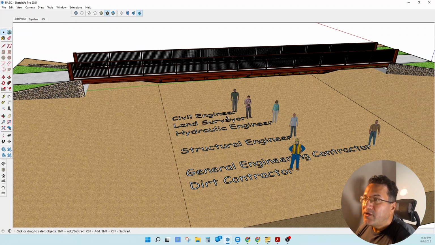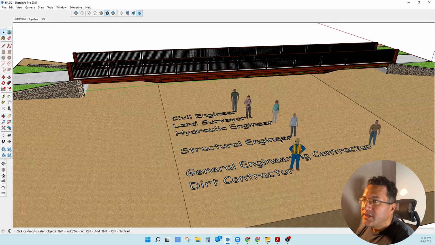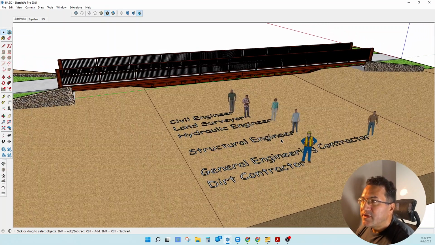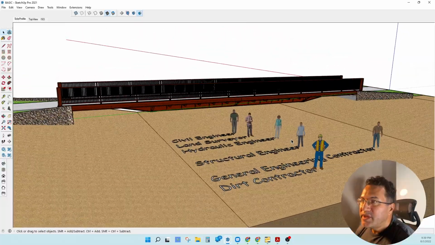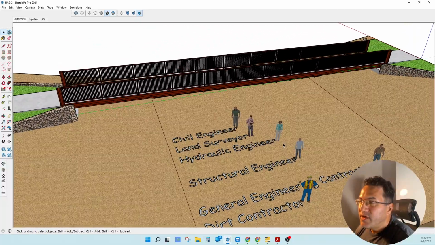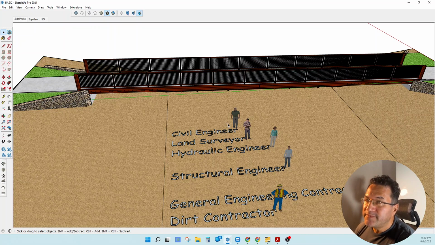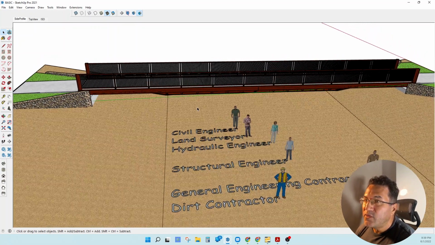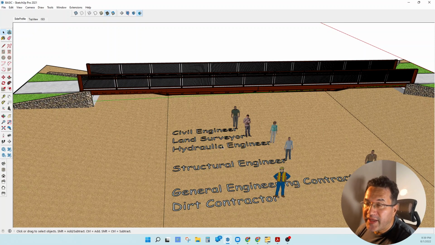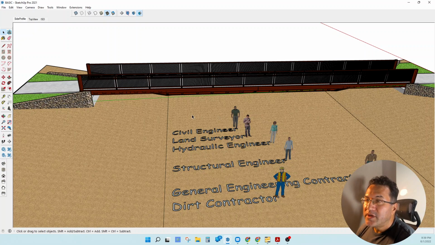And depending on who you hire, everybody's approach on building a bridge is going to be completely different. If you initially contact a civil engineer and you tell him you want a bridge, he's going to want to first of all hire a land surveyor to go out there and survey it. He may also hire a hydraulic engineer, but then he's probably going to want to build a whole new bridge.